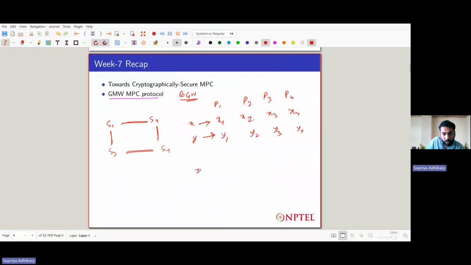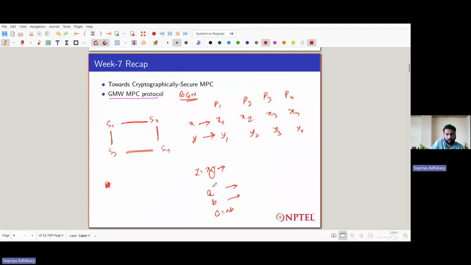Now, if they want to compute the shares for z, which is xy, then in the BGW protocol we had seen that they use some preprocessed data, right? So what was that data? They had these three.